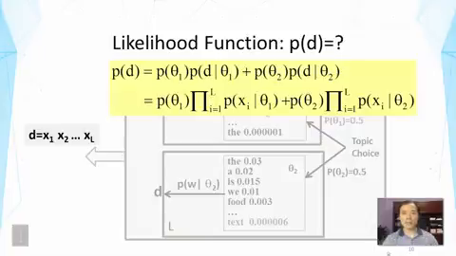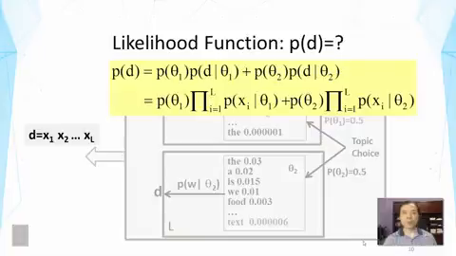And then this probability is multiplied by the probability of observing this document from this particular distribution. And if you further expand this probability of observing the whole document, we see that it's a product of observing each word x sub i. And here we made the assumption that each word is generated independently. So the probability of the whole document is just a product of the probability of each word in the document.